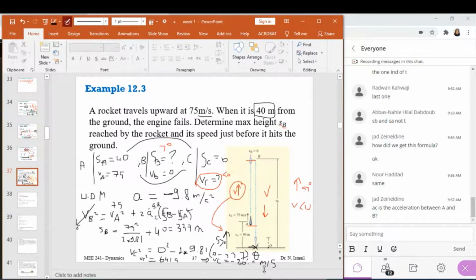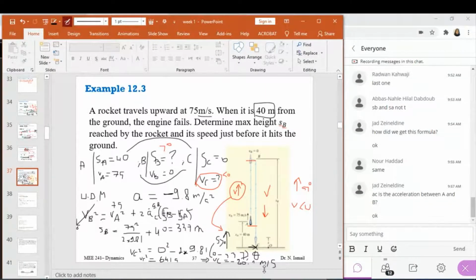So I cannot say that this is the acceleration between A and B. It's the acceleration all over the path between A and C. This is a uniformly decelerated motion. Any other question?